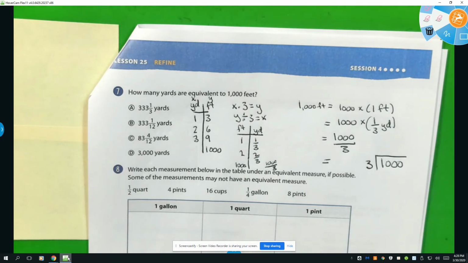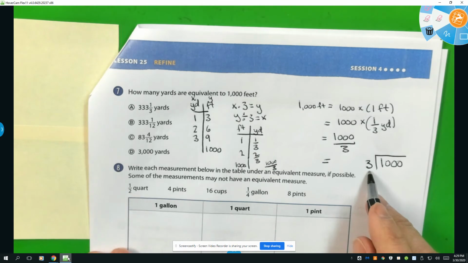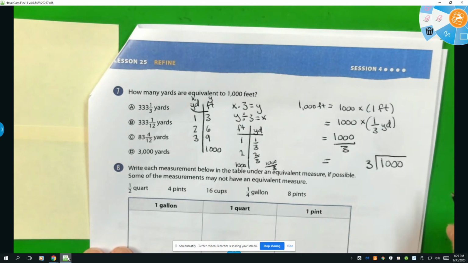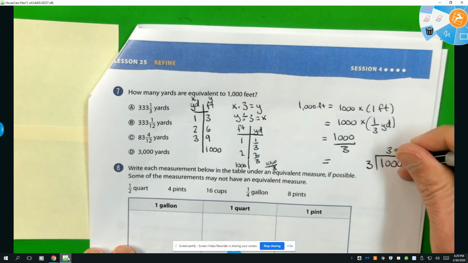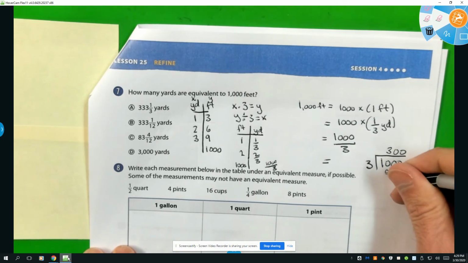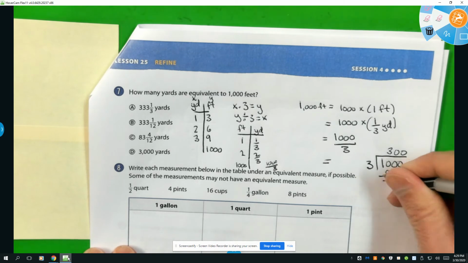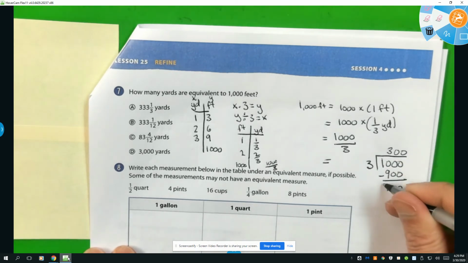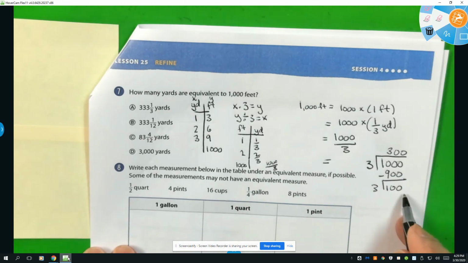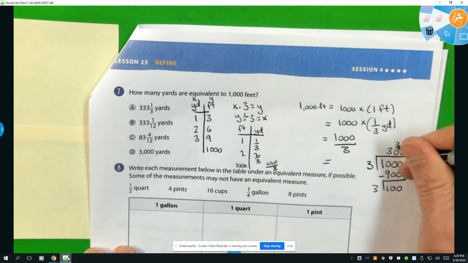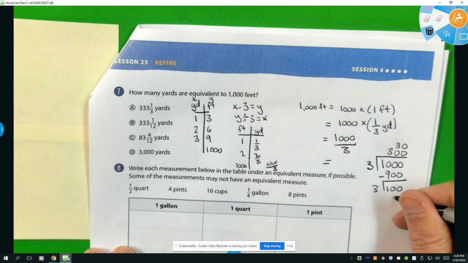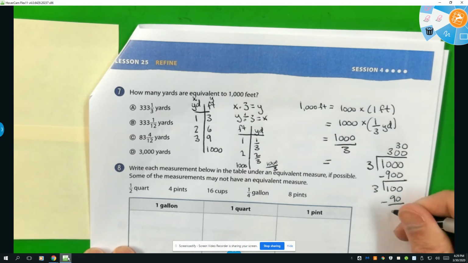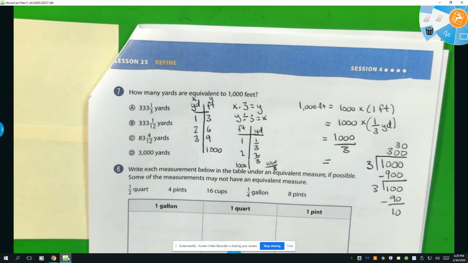Here is 1,000 divided by 3. Be a great time to just pause this and do the problem. 1,000 divided by 3. So I'm going to do partial quotient. I know that 3 goes into 1,000 at least 300 times. 300 times 3 is 900. That leaves me with 100. I know that 3 goes into 100 at least 30 times. 30 times 3 is 90. That leaves me with 10.